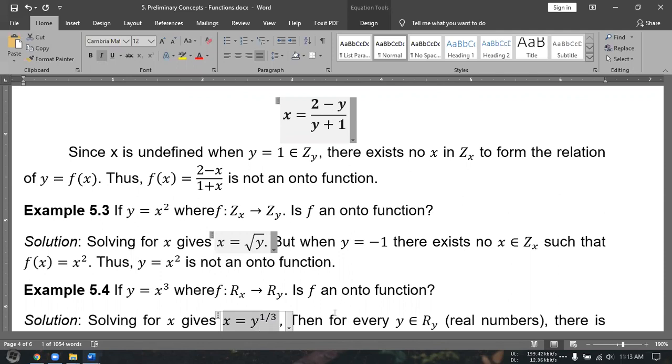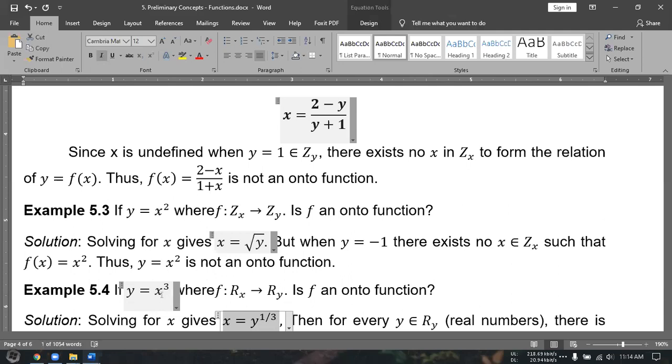We have to extract the cube root of both sides of the equation. In return, we'll have the cube root of y and then the cube root of x cubed. Same index and exponent, so what is left is the radicand, which is x. And cube root of y can also be written as y raised to 1 over 3.